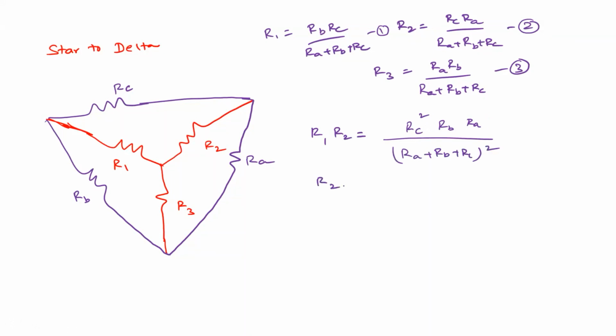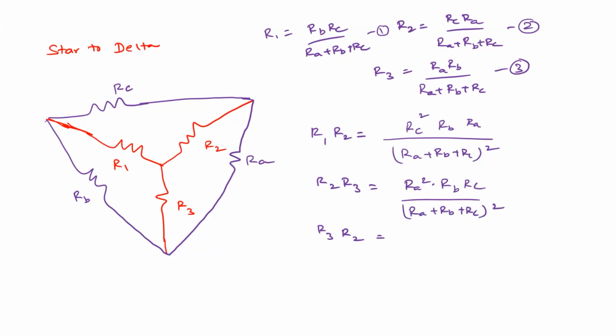Similarly, we have R2 R3. What is R2 R3? It is RA squared into RB RC upon RA plus RB plus RC whole square.